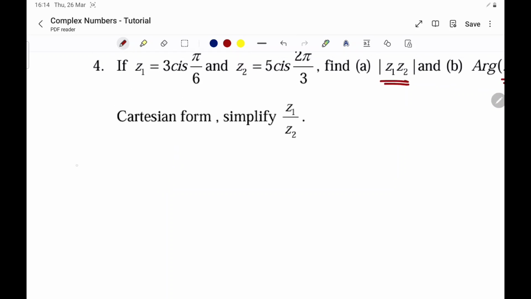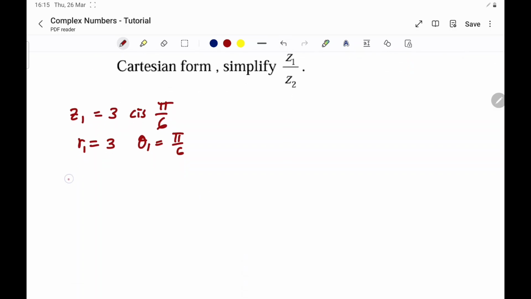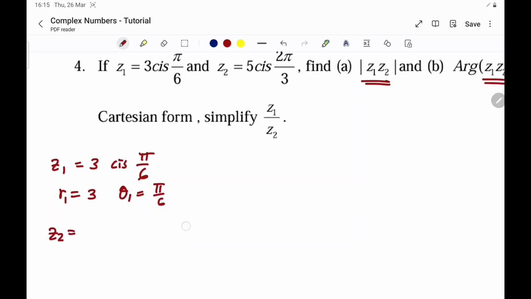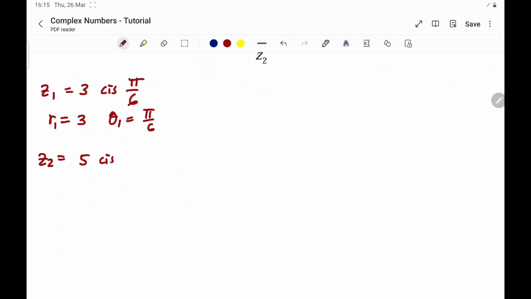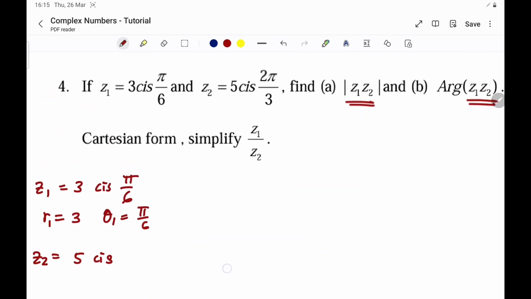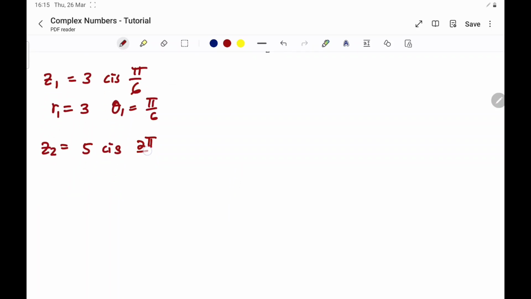So here we have z1 is equal to 3 cis pi over 6. From here we have r1 is equal to 3, theta 1 is equal to pi over 6. Then from z2 we have 5 cis 2 pi over 3, where r2 is equal to 5, theta 2 is equal to 2 pi over 3.